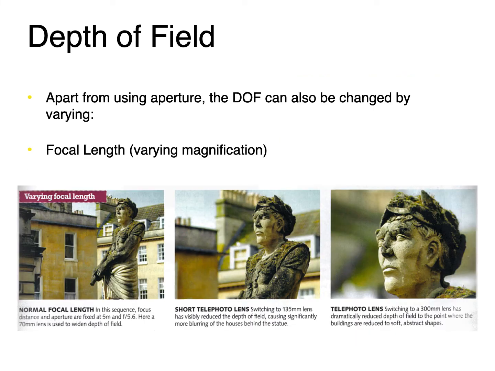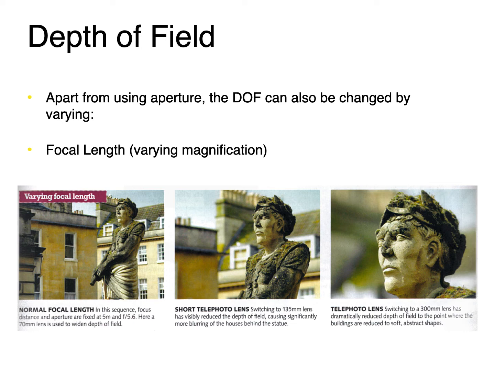Even with the focal length, which varies the magnification, the lens assembly moves away and towards the light sensitive medium, where we can achieve a clear, focused picture. The first picture is taken using the normal focal length lens. As I said, wide angle, normal and telephoto lenses. So normal focal length: in this sequence, the focus distance and aperture are fixed at 5m and f 5.6.